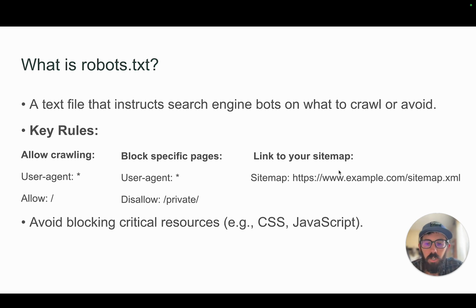You obviously want to avoid blocking critical resources, but this is what it is. I would also recommend typically using, if you're on a WordPress site, like Rank Math and other SEO plugins have tools to help build or modify your robots.txt file.